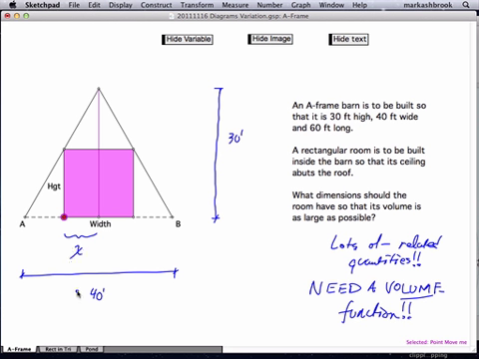And then what would the width of the rectangular bedroom be? 2x, right? Okay? So what we're after is the volume of this room as a function of x. So we need this rule, or this expression, that if we plugged x into it, it would give us the volume of the resulting room.